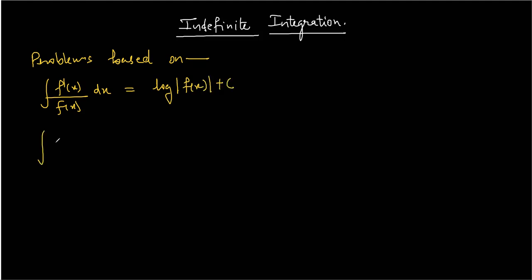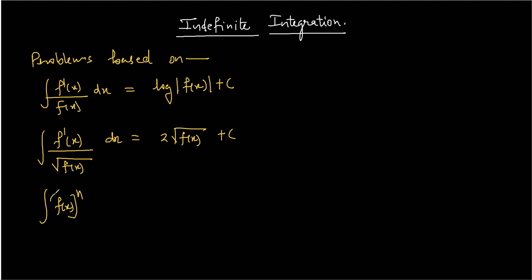Integration of f dash x upon square root of f of x dx equals 2 times square root of f of x plus c, and integration of f of x raised to n multiplied with f dash x dx equals f of x raised to n plus 1 upon n plus 1 plus c. And it is needless to say that here n is not minus 1.